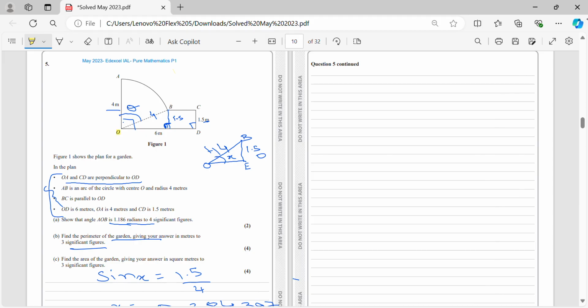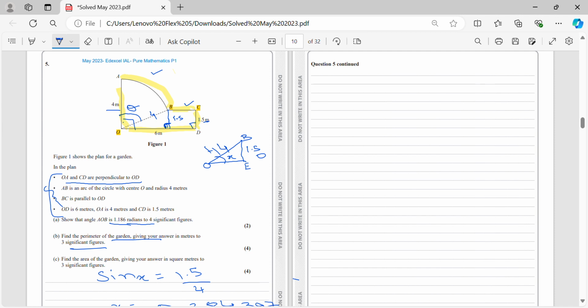I have OA, and I will add the arc length AB, and BC, and CD, and OD. I do not have the arc length and I do not have BC, so I need to find the arc length AB and BC. The rest of the sides I do have.